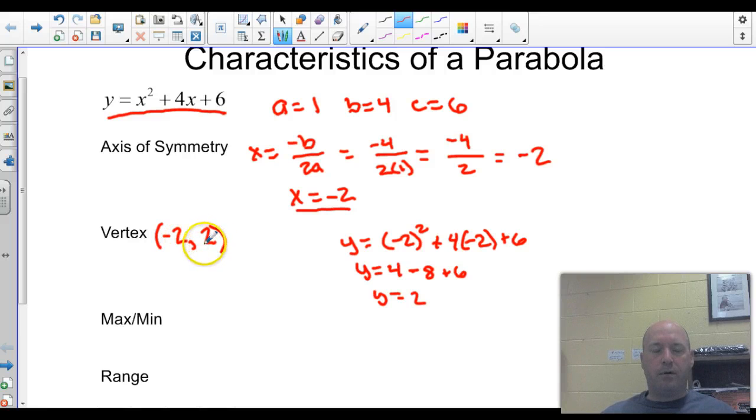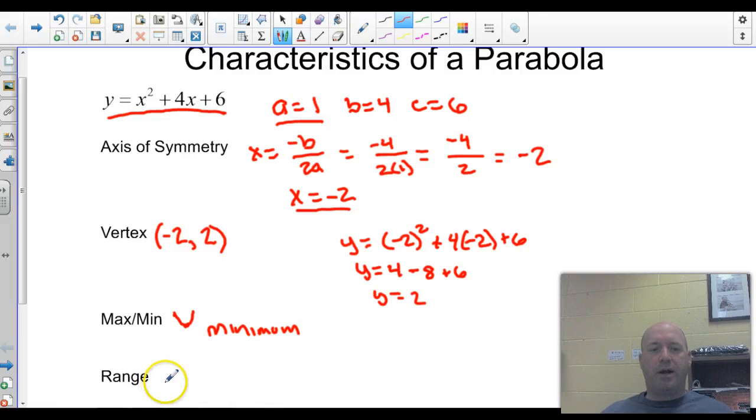So now I want to identify if this is a max or a min, and we look at the a value here, and a is positive, so the parabola opens up, and if the parabola opens up, then it has a minimum value, therefore this is a minimum.